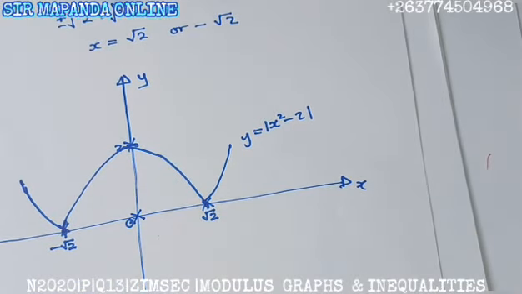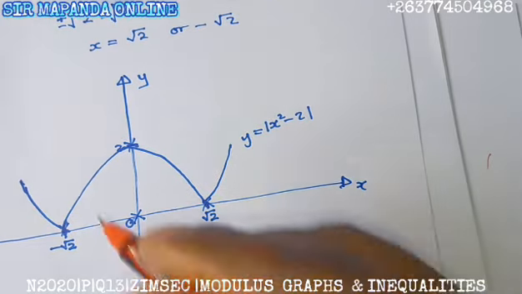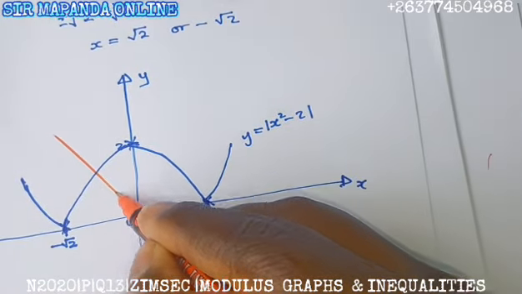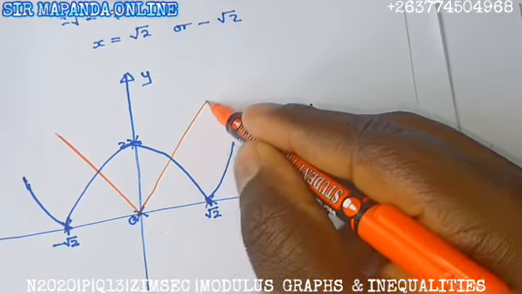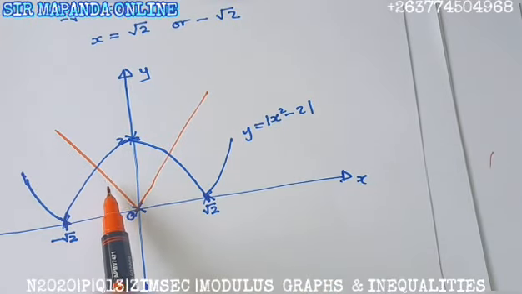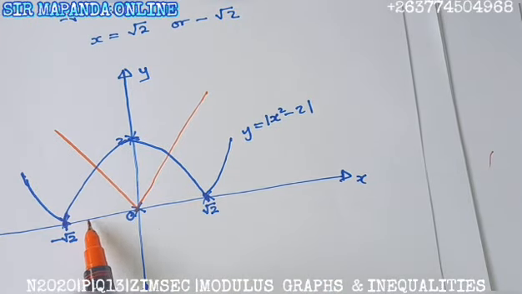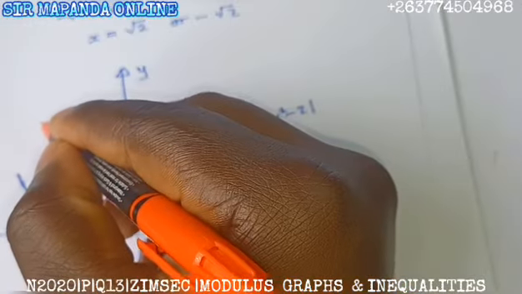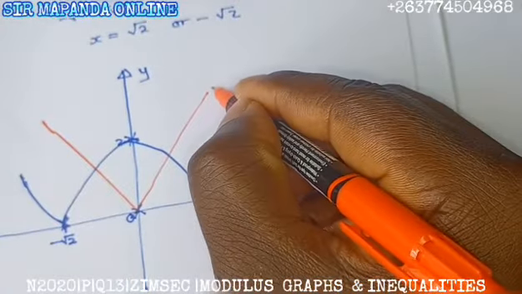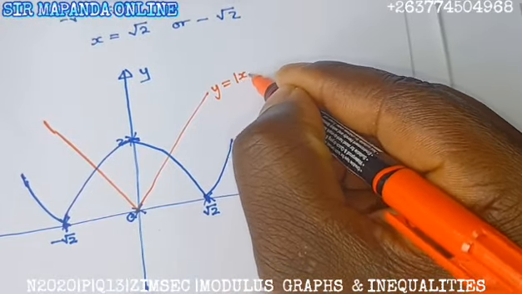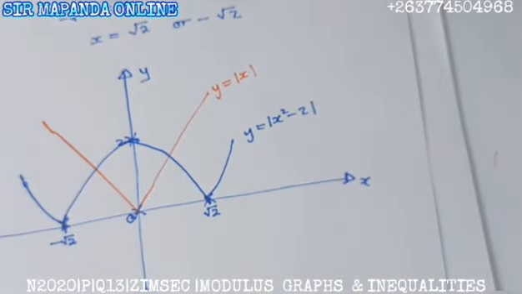I hope you are following. So this one comes like this. You just need to make sure that the gradient, the angle on this side and the angle on this side, are equal. So this is y equals modulus of x. Then you are home and dry. I hope you are following.